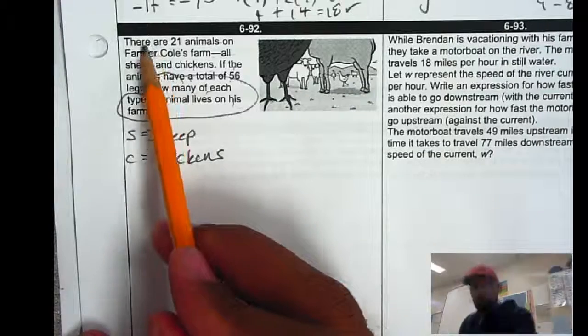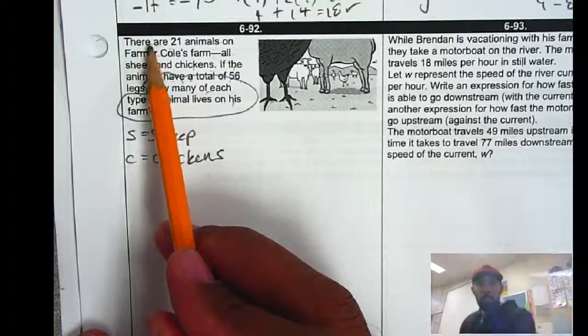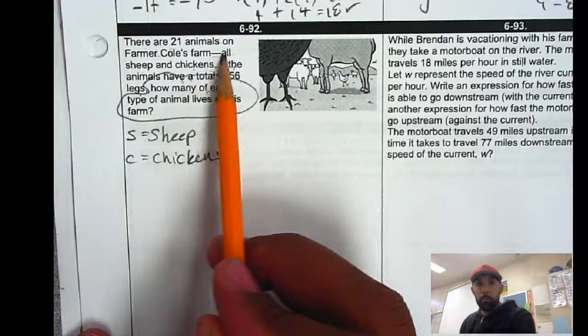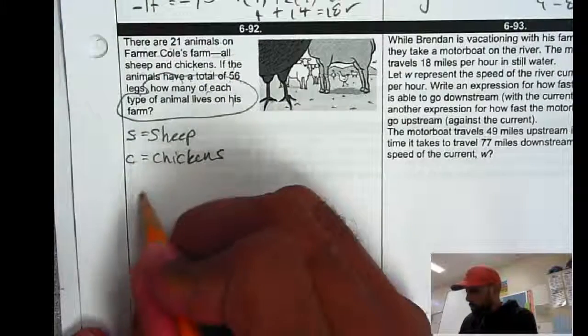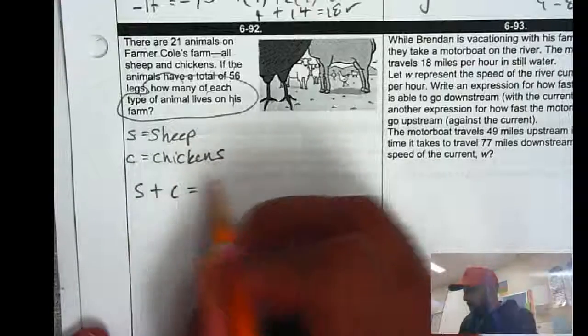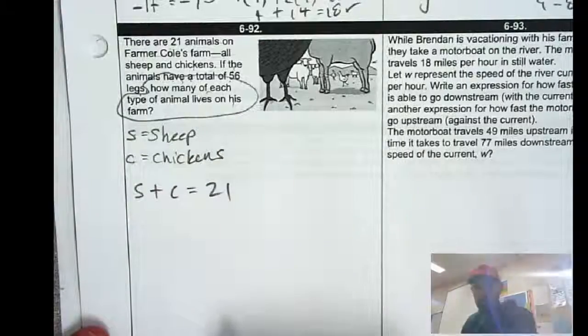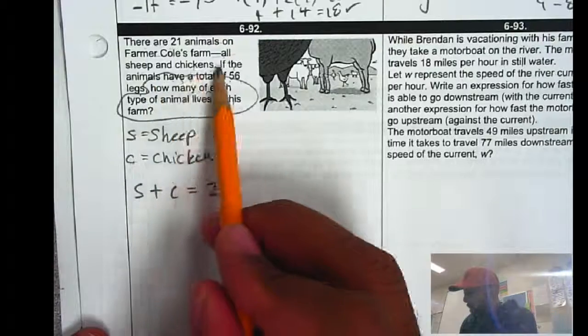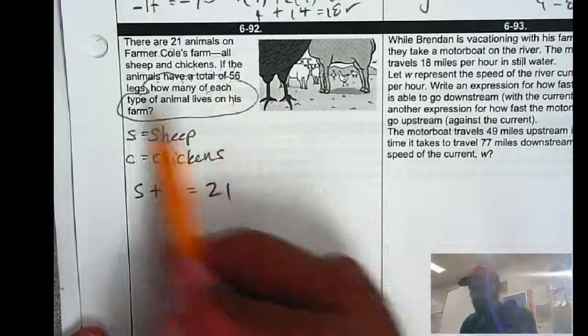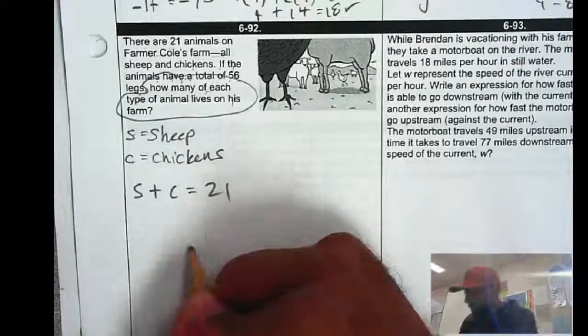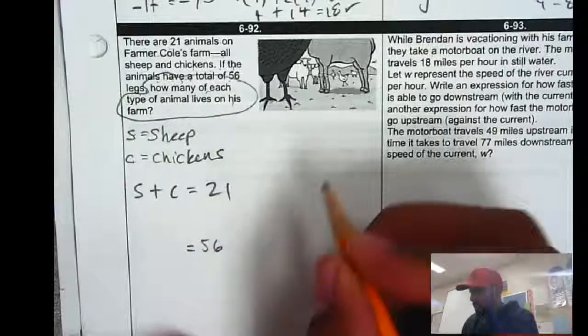Now let's go back to the problem. There are 21 animals on the farm, all sheep and chickens. So if I add the sheep and the chickens, S plus C, that should be 21. There's our first equation. Now, the animals have a total of 56 legs. Let's think about this.